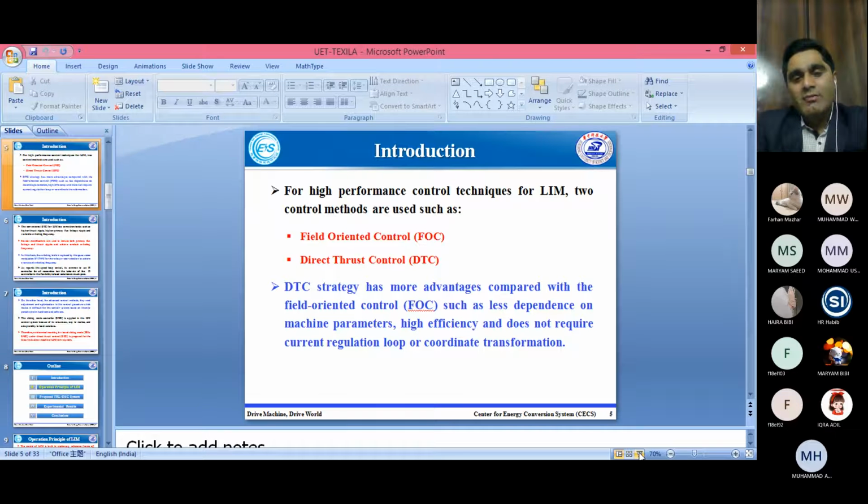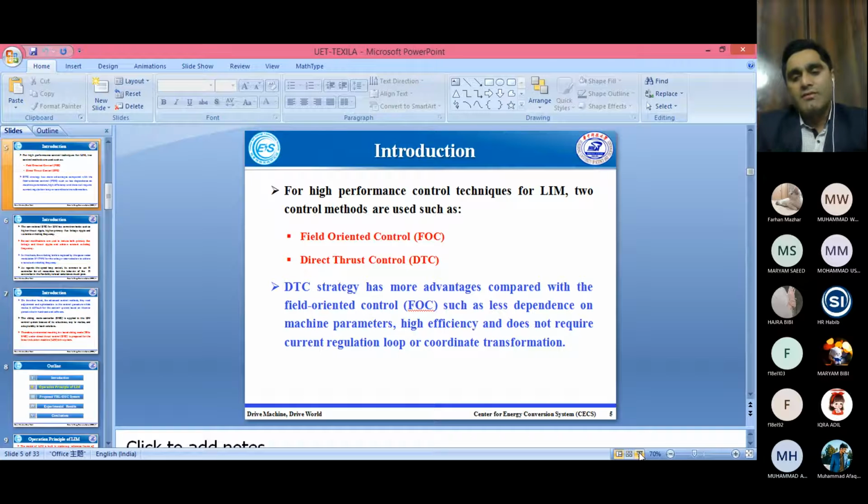So now here we choose the direct thrust control method, which is known as DTC. So the DTC strategy has more advantages compared with field oriented control, such as less dependency on the machine parameters, high efficiency, and it does not require the current regulation loop or coordinate transformation.